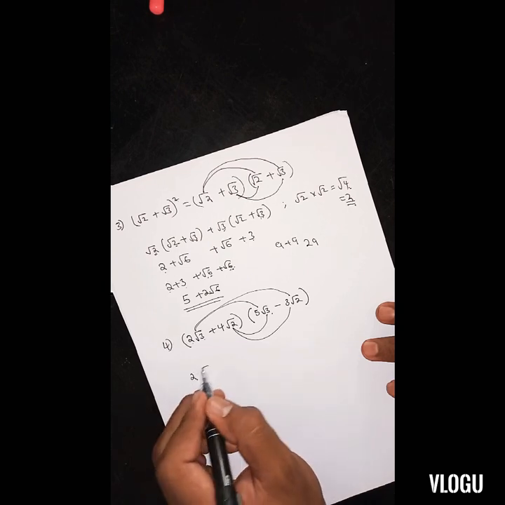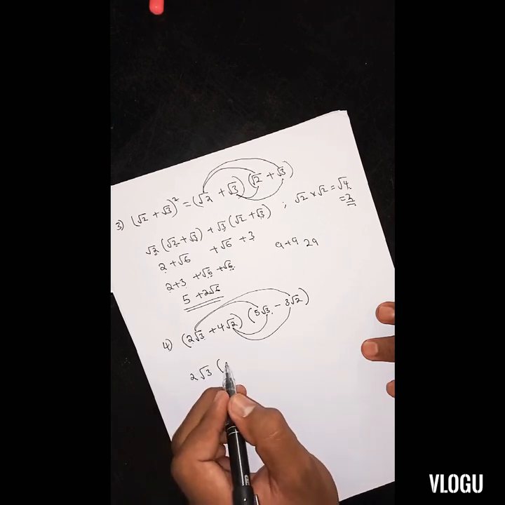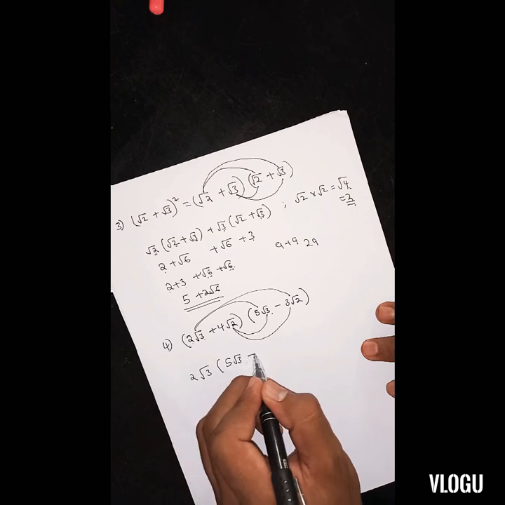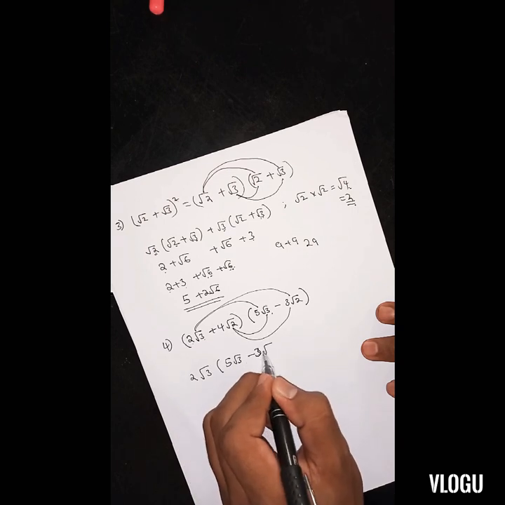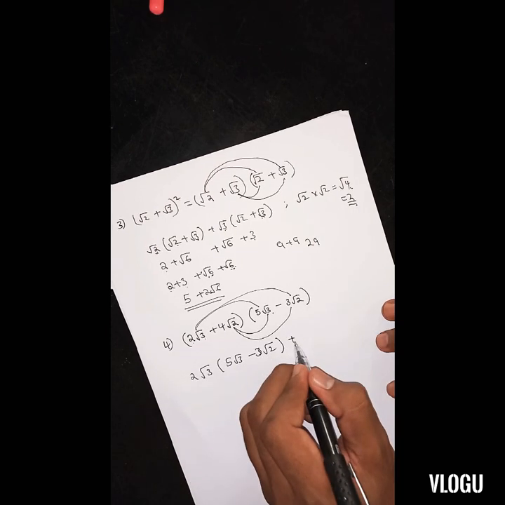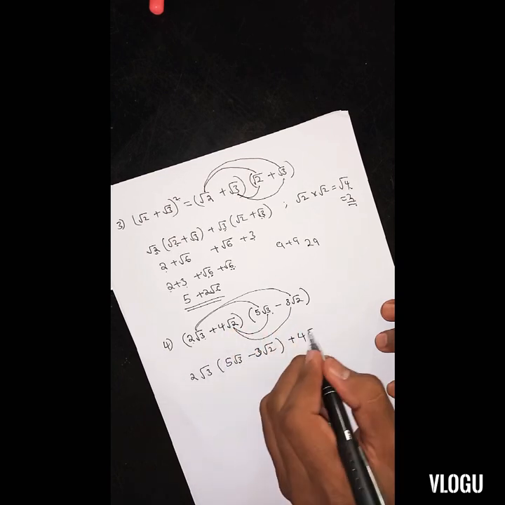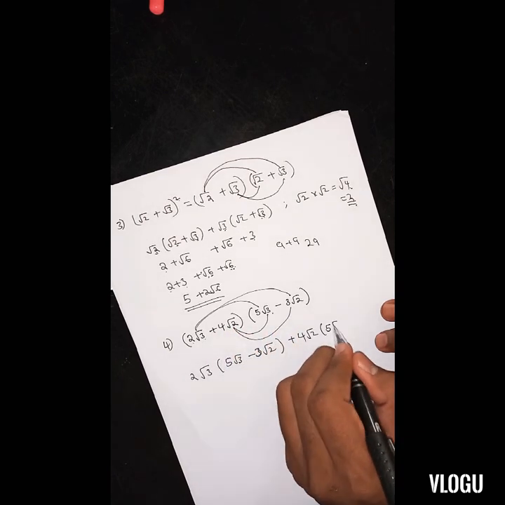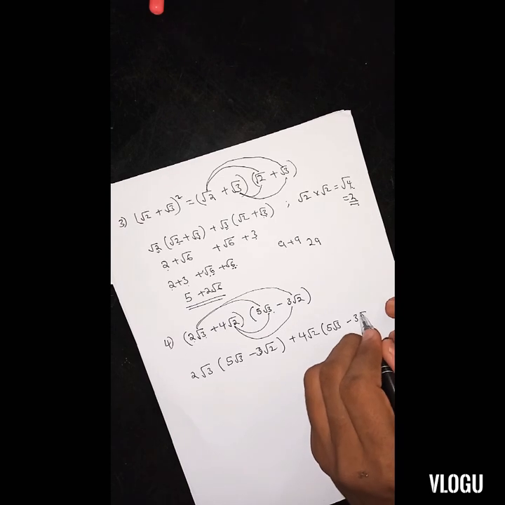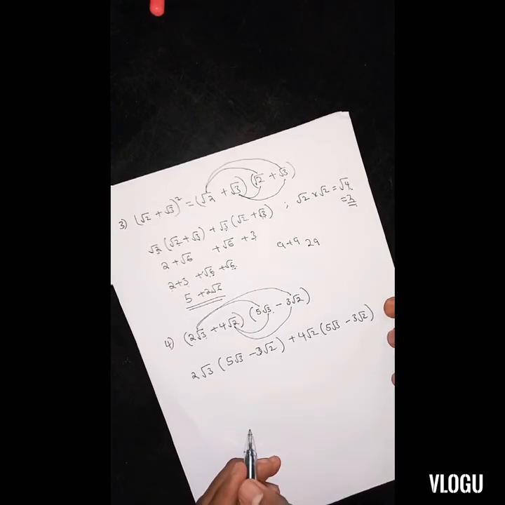So let's put into writing. We have 2 root 3 into 5 root 3 minus 3 root 2, plus 4 root 2 into 5 root 3 minus 3 root 2.